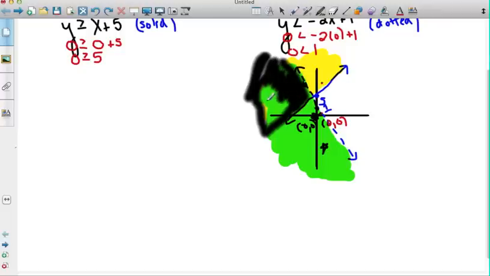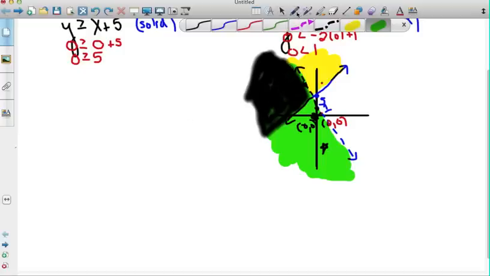Now it's kind of strange, and you think, how can I just leave my answer as like a shaded drawing? And that's really what it is. When you're graphing inequalities, this is what it ends up being. So in this mess here, our solution would just be this black section right here.